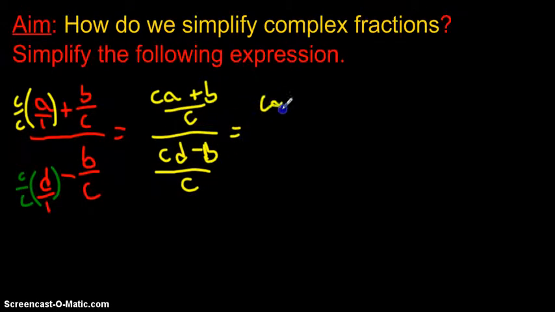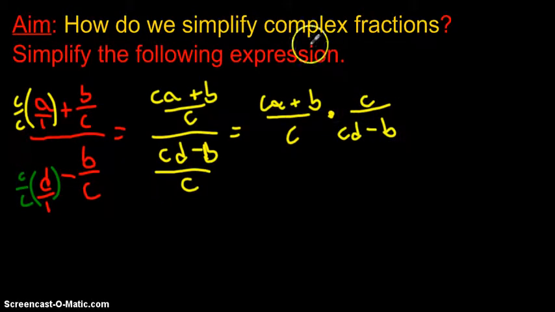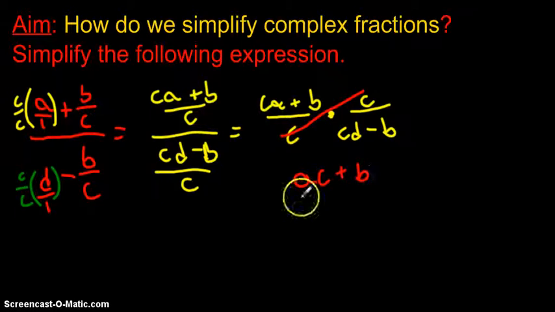This is the same thing as saying AC plus B over C times C over CD minus B. And now we can cancel out some common factors. These don't have any common factors, but these C's are common. So just canceling those out. Okay, so that leaves us with the fraction, I'm going to write it as AC plus B over CD minus B. Okay, and that should be it.